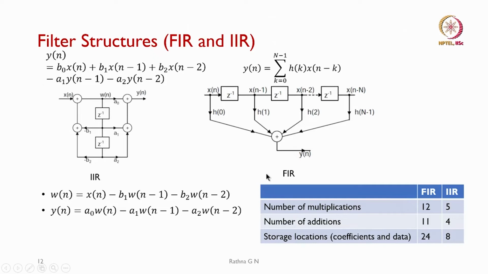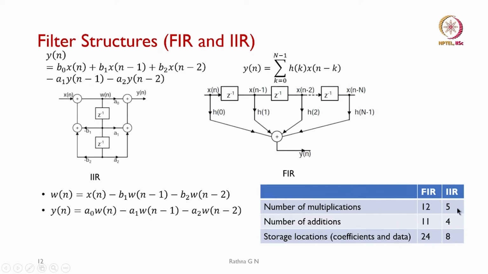So, we will be seeing how many multiplications are required. For the same magnitude, the IIR filter needs order 2 whereas the FIR filter needs 12th order. Then the number of multiplications in this is going to be 12, H0 to H11. Whereas in the IIR filter, because it is second order, the number of multiplications is going to be 1, 2, 3, 4 and then 5.